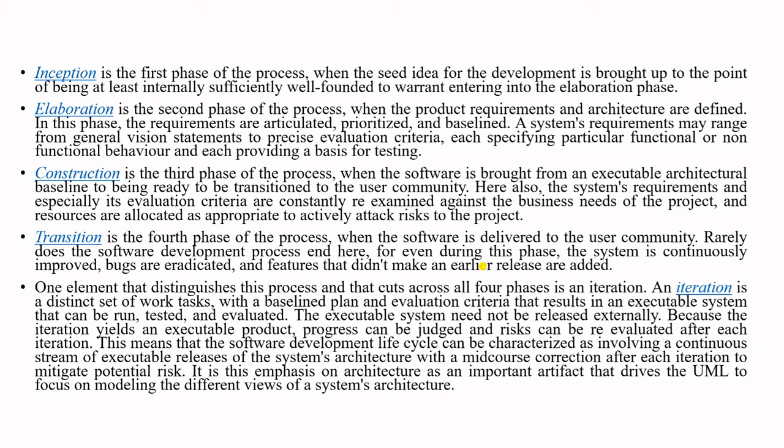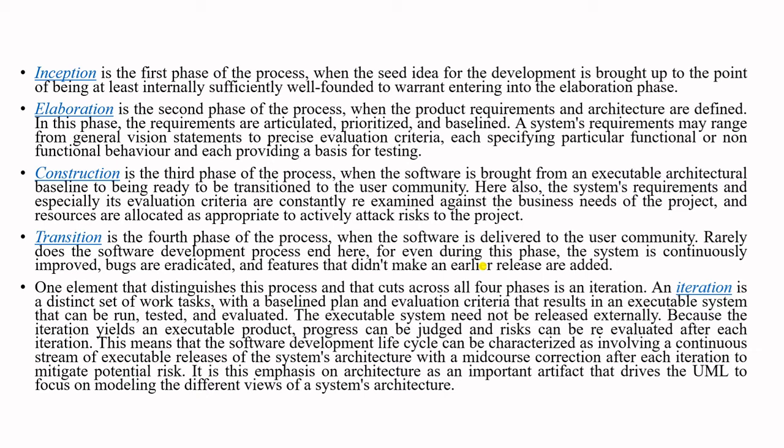When the software is delivered to the user community, rarely does the software development process end here. For even during this phase, the system is continuously improved, bugs are eradicated, and features that did not make an earlier release are added.